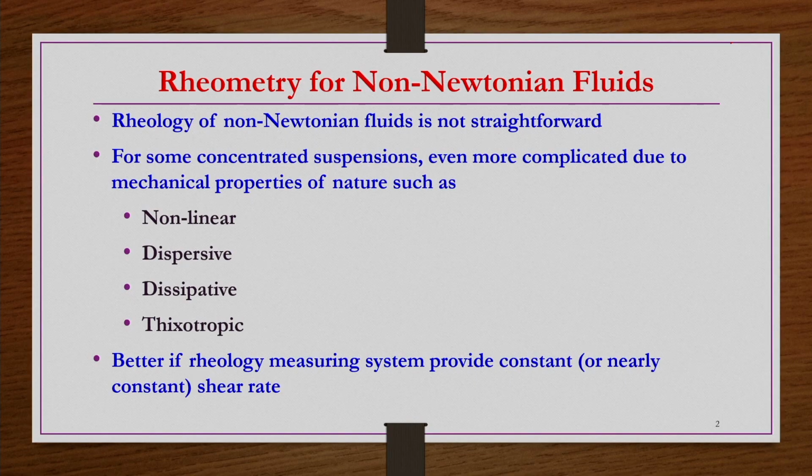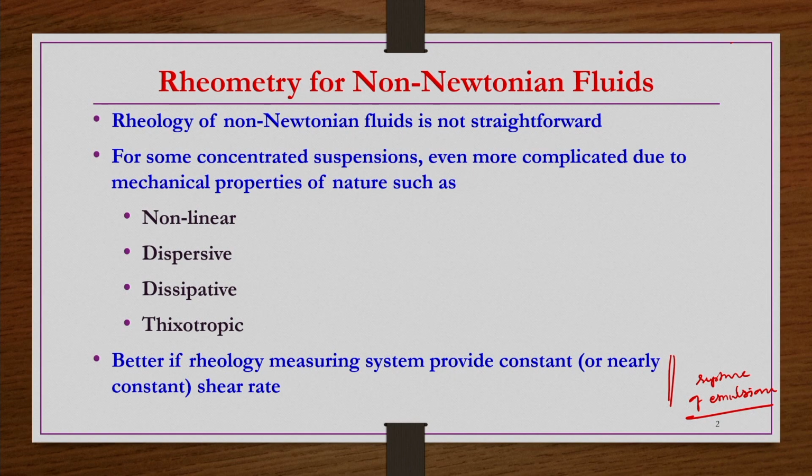It is better if the rheology measuring system provides a constant or nearly constant shear rate, and we need a case where the so-called rupture of emulsions, etc., does not take place, because if the emulsions or particulate systems break down, then again there is a change in properties.